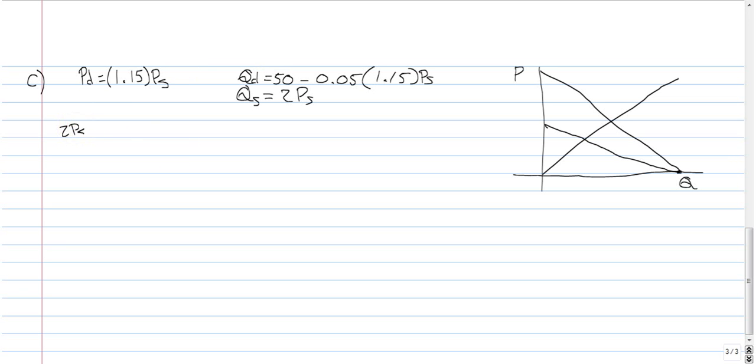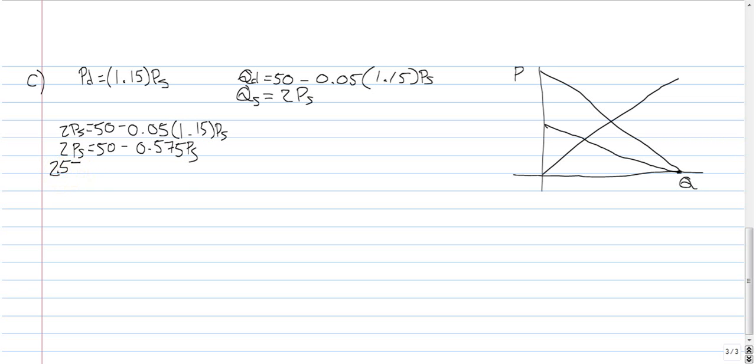So we have 2PS equals 50 minus 0.05 times 1.15 PS. Okay, now just for simplicity, 1.15 times 0.05 is 0.575. Okay, so I can move these over.